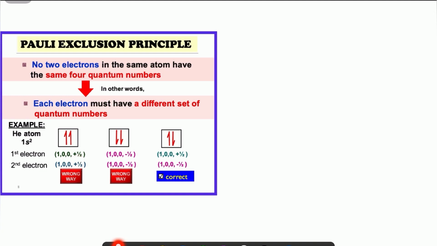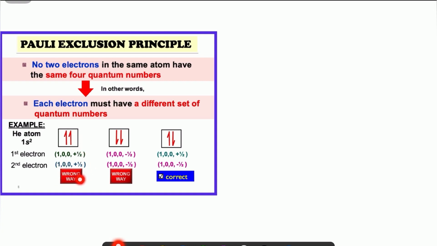Okay, so these combinations of quantum numbers are just like the address of the electrons. According to the Pauli exclusion principle, no 2 electrons in the same atom can have the same 4 quantum numbers. But for the first example, both of the electrons show that the set of the 4 quantum numbers are the same.